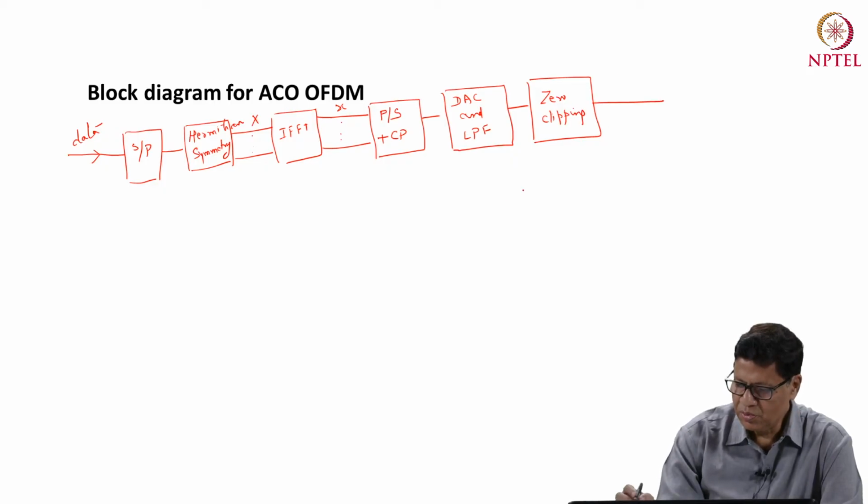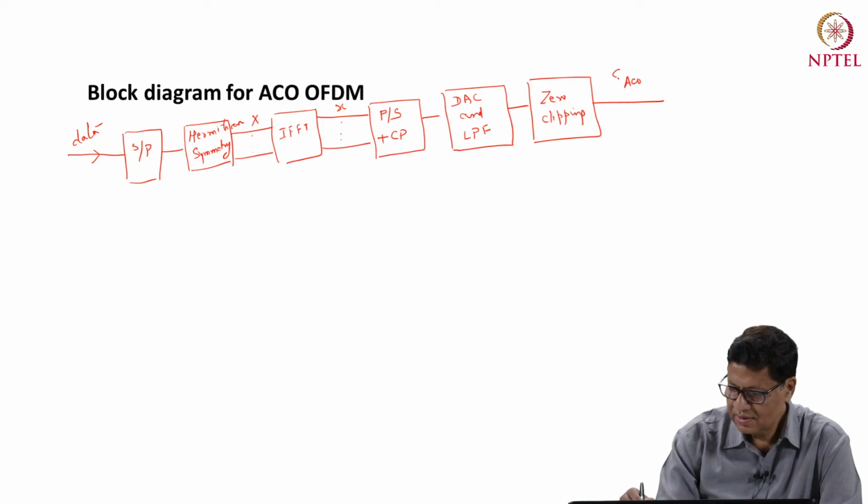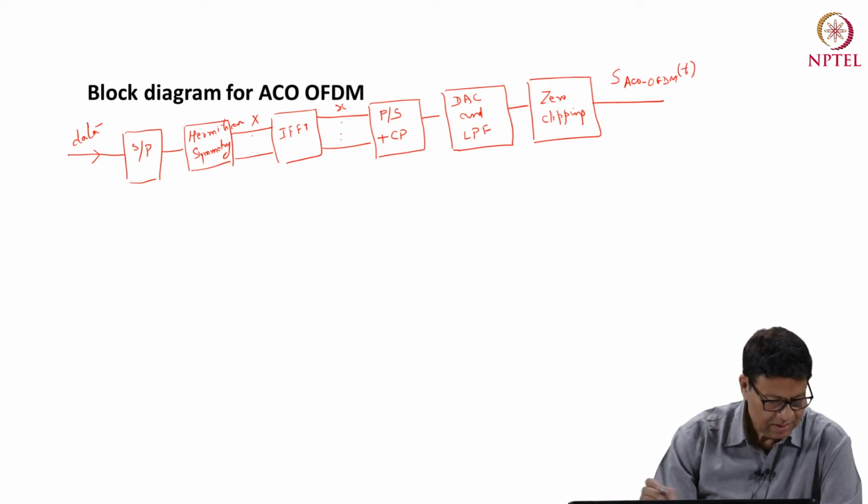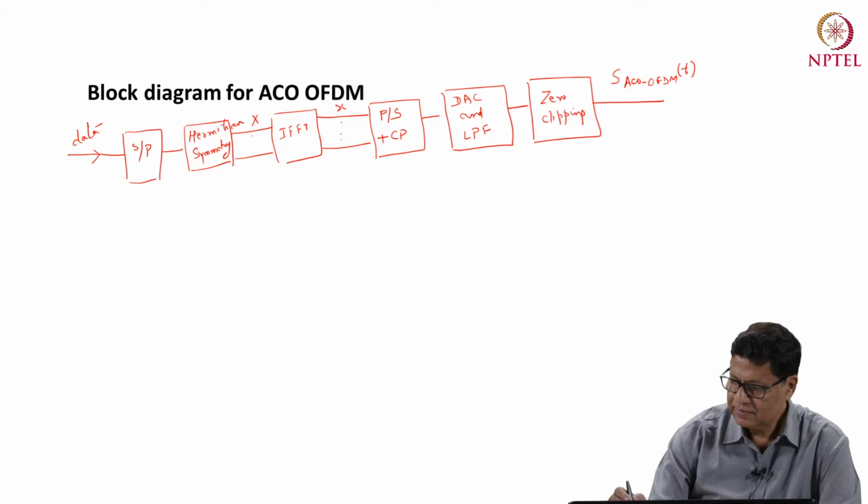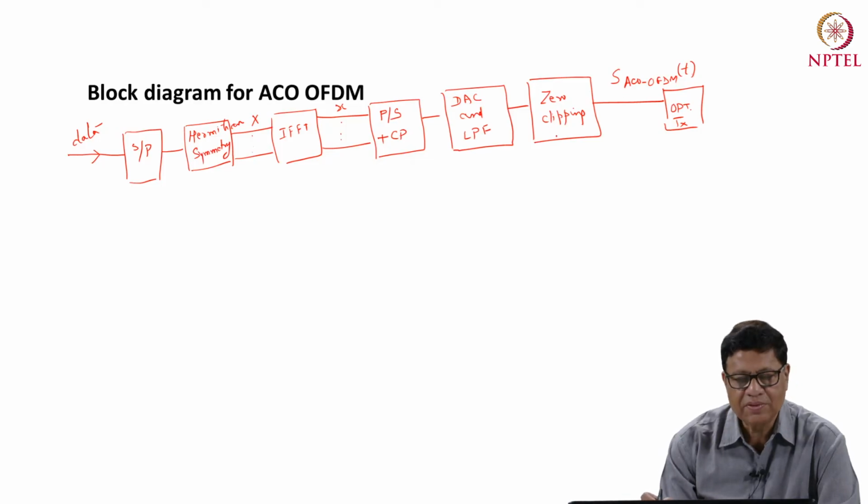So whatever signal you get is actually X ACO, or we can write it S ACO-OFDM. And this signal is given to the optical transmitter, and it is a positive signal because you are clipping at 0.